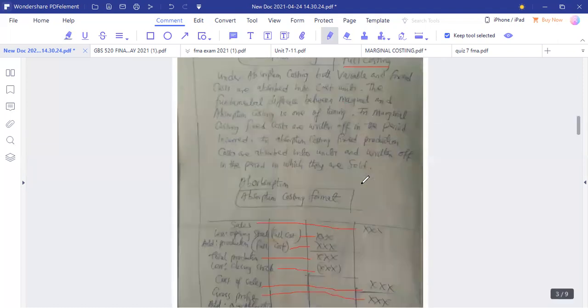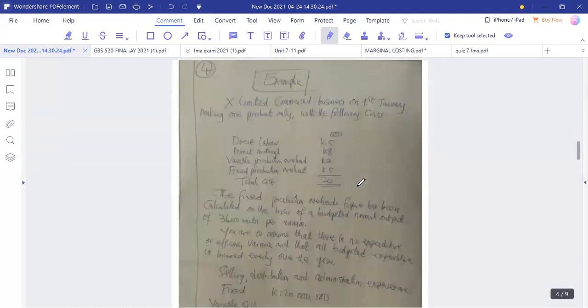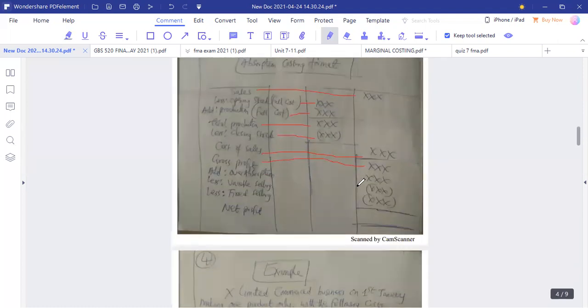Then the other one is talking about gross profit. Then you add over absorption. Okay, so over absorption you should add. All right, so if it is over absorption, you add over absorption. What we add as over absorption is the absorption that is beyond budgeted.